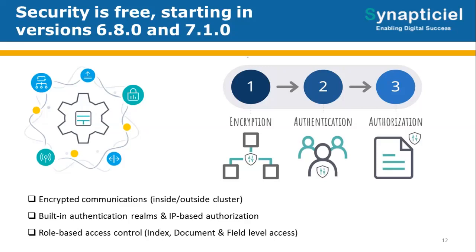This communication can be encrypted using SSL or TLS. Also, Kibana, Logstash, and other third-party applications communicate with Elasticsearch using the REST API, so the HTTP communication can also be encrypted. This is actually free in Elasticsearch.